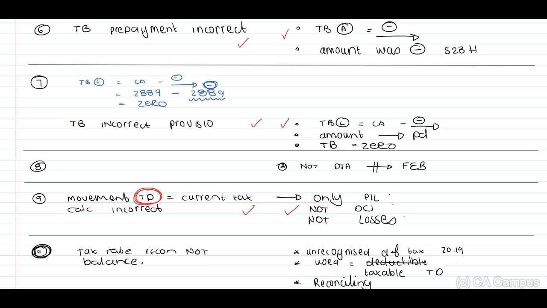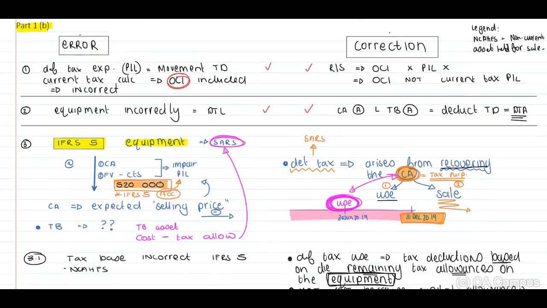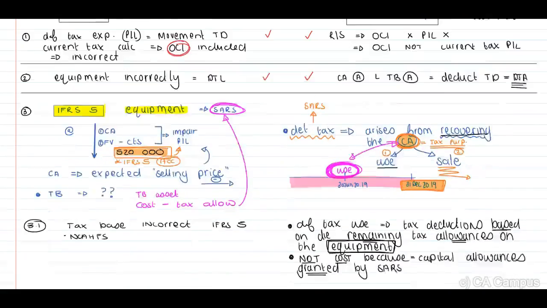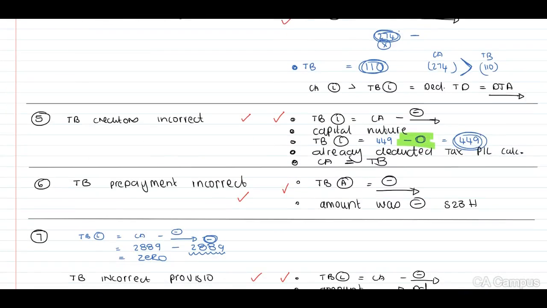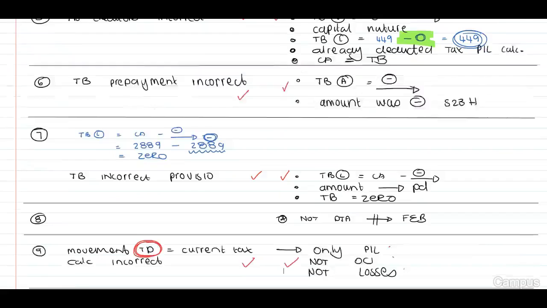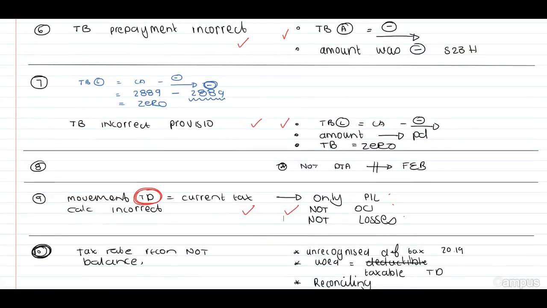And let's say, for example, the tax rate recon did not balance. I'm happy. Now, when you look at this, how many easy marks? 2, 4, 6, 7, 8, 9, 10, 11, 12, 13, 14, 15. 15 easy marks out of the 27. Therefore, you should be able to pass this question by only focusing on your basic principles that you need to know.